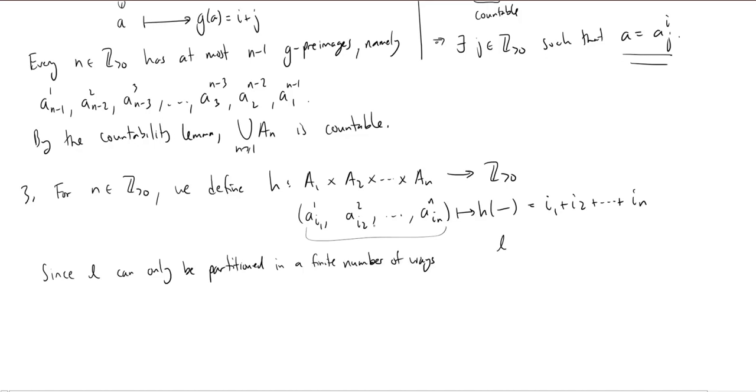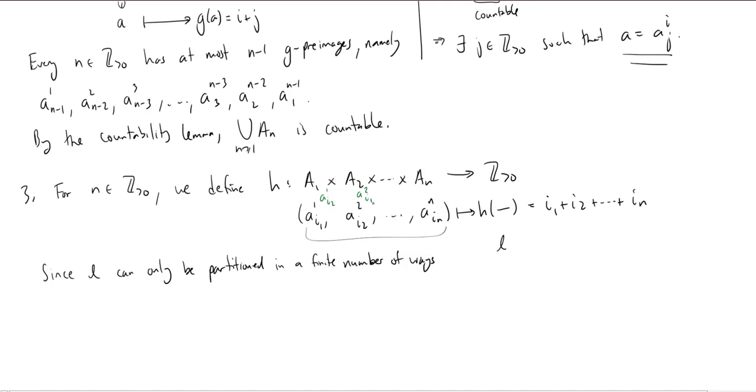Furthermore, you could say, yeah, but if you start mixing these around, it doesn't change the sum. If I had done here (A1, I2) and (A2, I1), it's a different element of the Cartesian product, but it doesn't change where it gets mapped to.